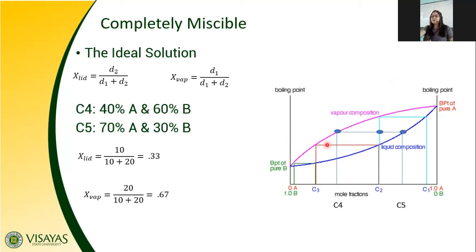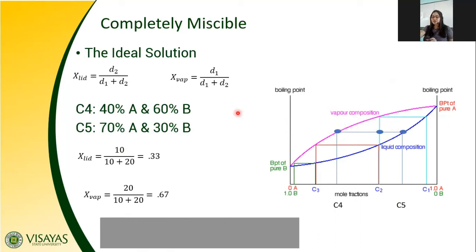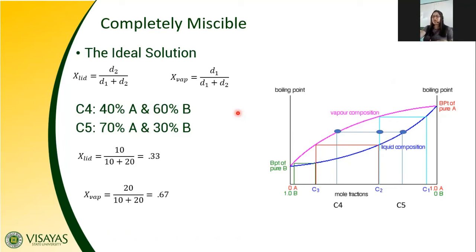You have distance 1 and distance 2. C2 is assumed to be 60% A and 40% B.